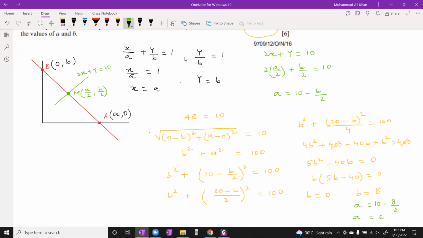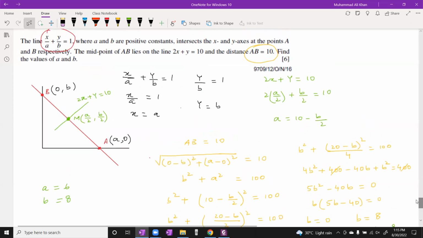Therefore the value of a is 6 and the value of b is 8. 0 को हम neglect कर देंगे क्योंकि b 0 नहीं हो सकता। Question में लिखा है a and b are positive constants. They are positive constants, so neglect 0. Is this clear? Any confusion? That's great. Complete the question.